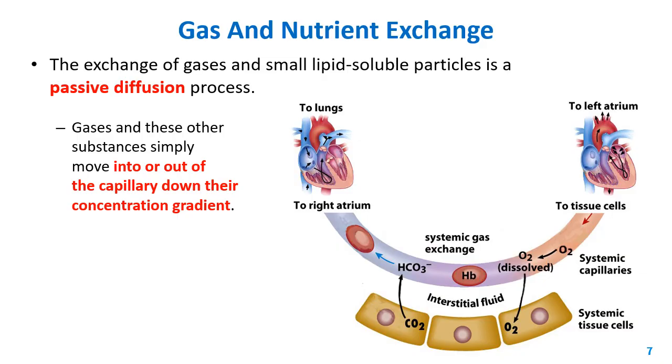So here we go with this idea of gas exchange, right? You basically have this very passive type of diffusion. So you have oxygen that is going to diffuse from your hemoglobin to areas that have less concentration of oxygen, right?